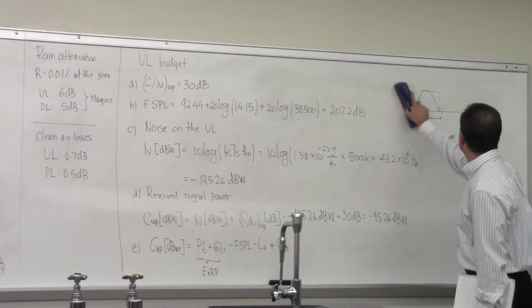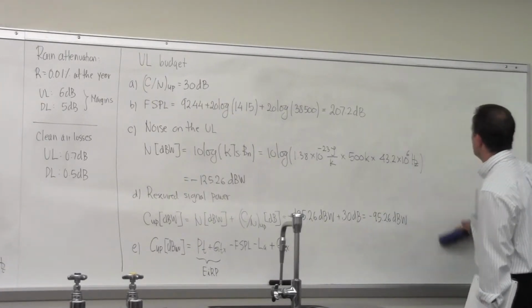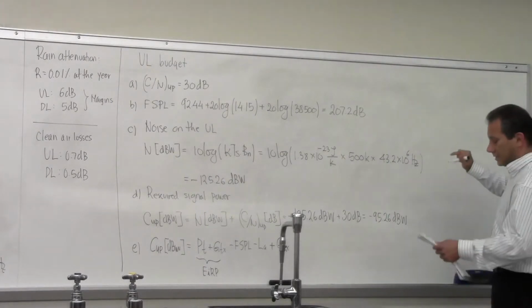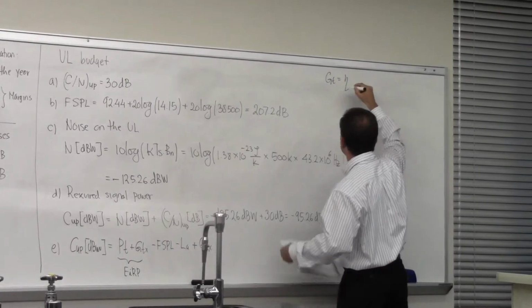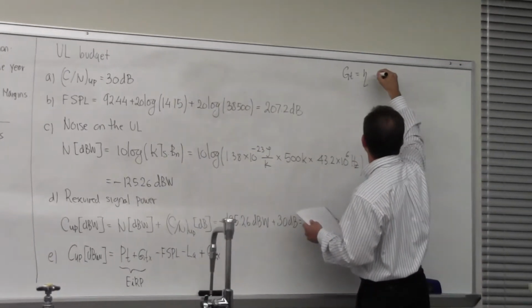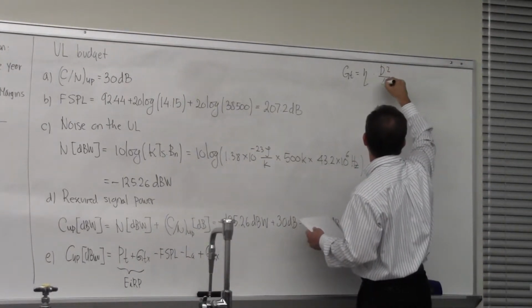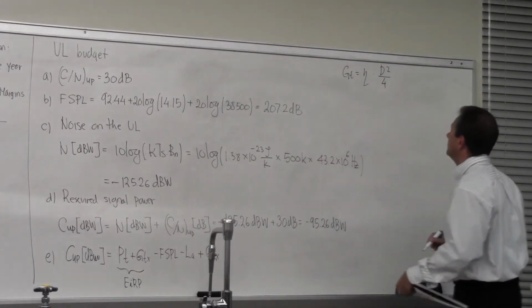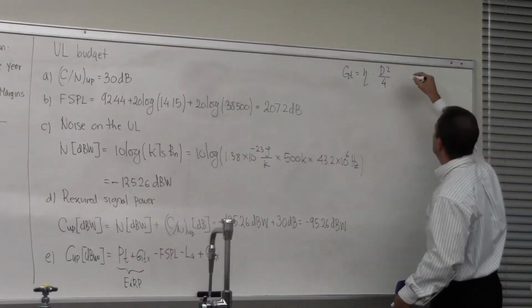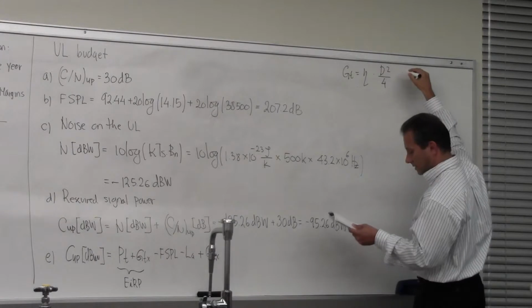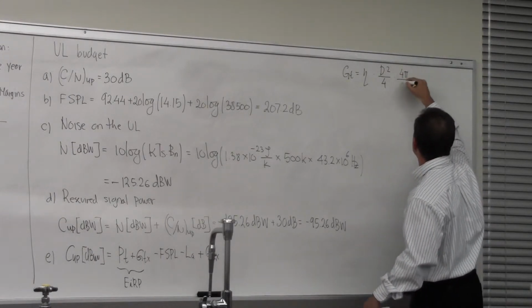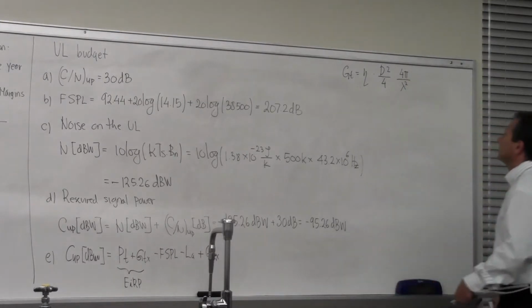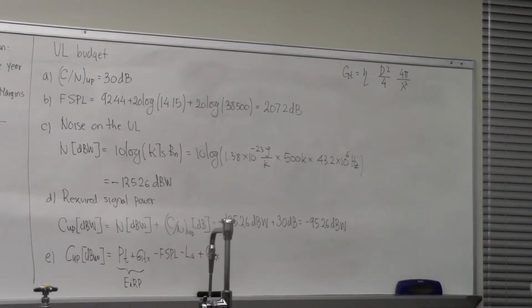So I'm going to continue here to use a little bit more of the board. The gain of the transmit antenna is eta times D squared pi over 4. That's the effective aperture of the antenna, times 4 pi over lambda squared to translate the effective aperture into the gain.